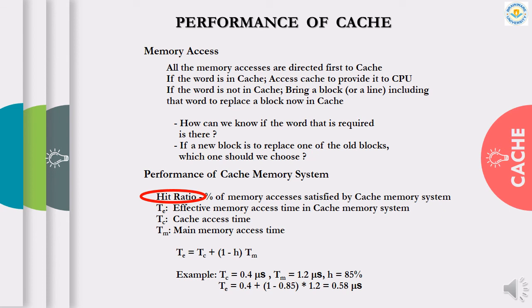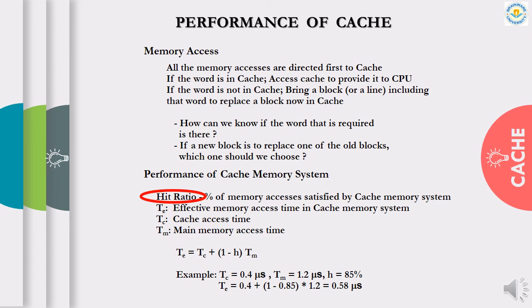So TM, the average access time, may be calculated as TM = h × TC + (1 − h) × TP. Since TC is much less than TP, increasing the hit ratio reduces the average memory access time.